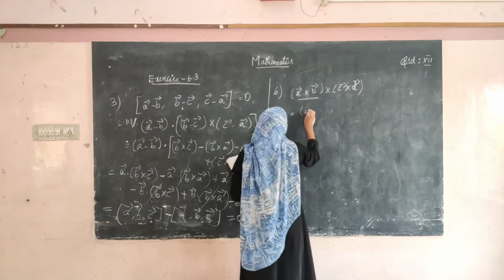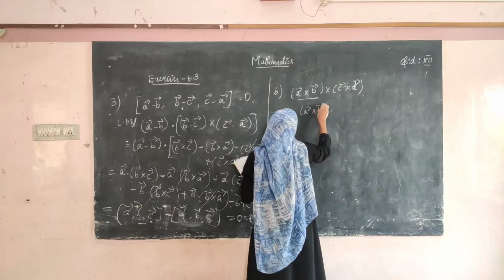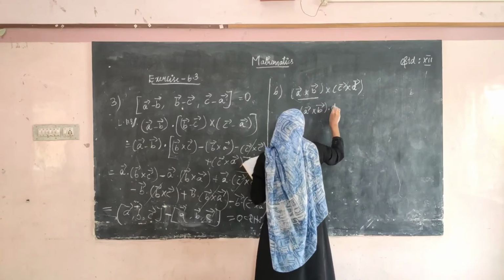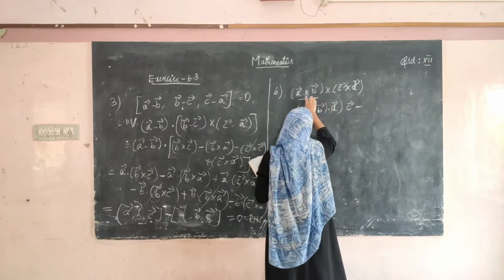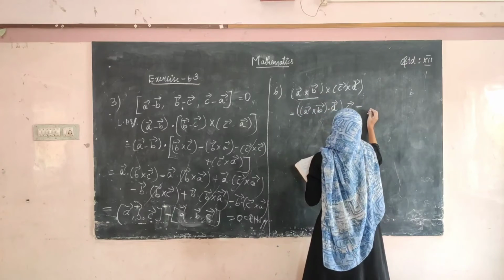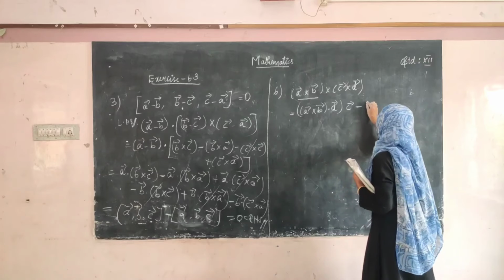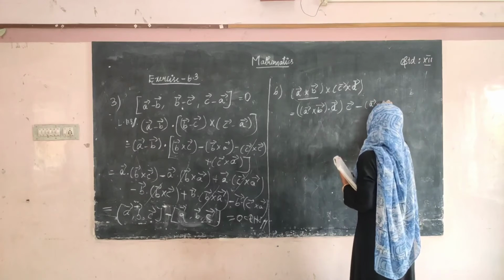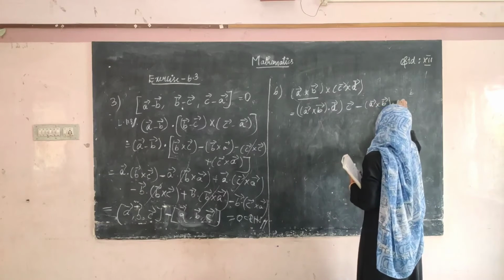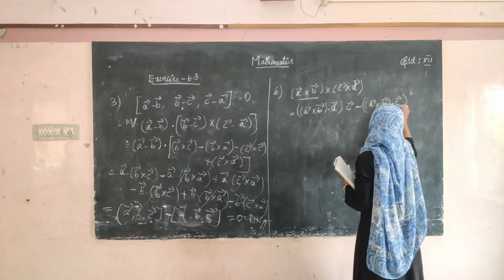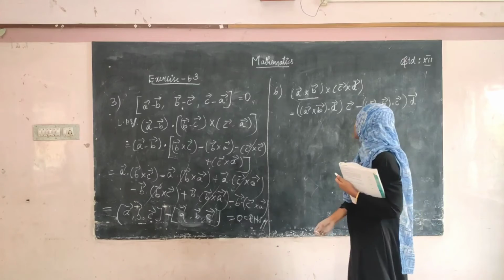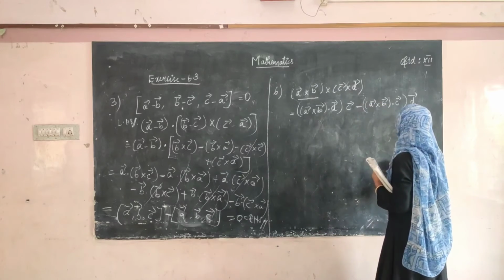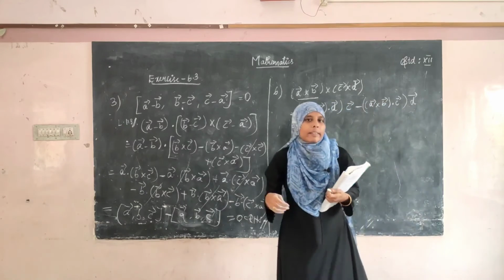So this will be A vector cross B vector dot D vector into C vector minus this vector into this vector, right? A vector cross B vector dot C vector into D vector. We are expanding in the format of the vector triple product.